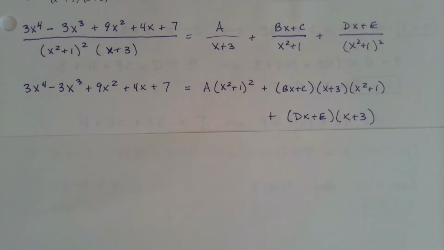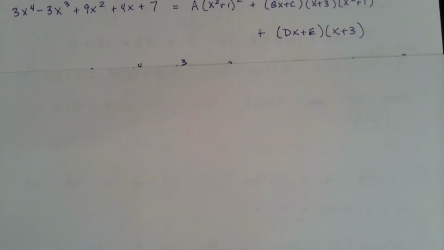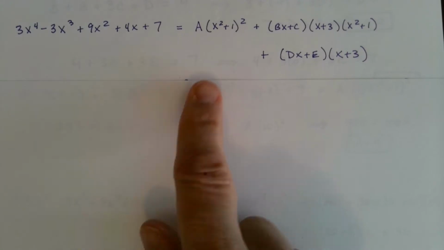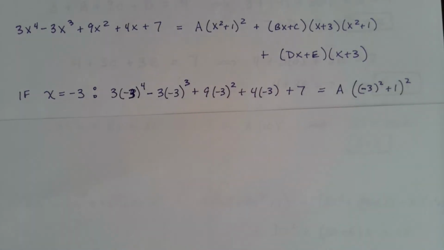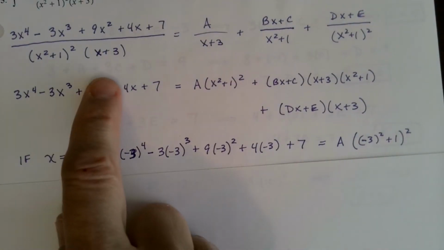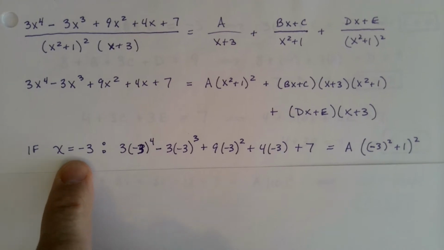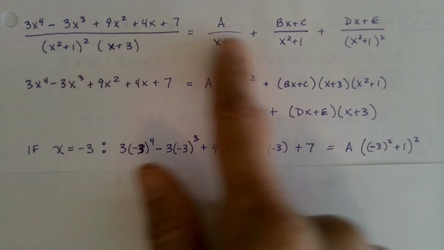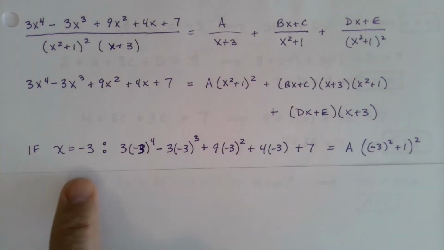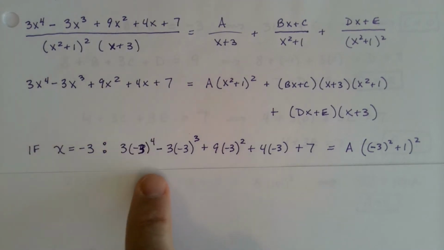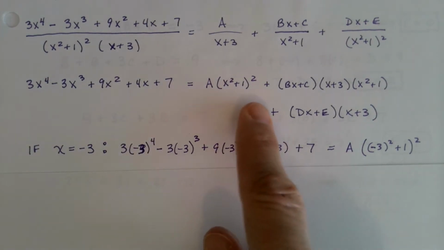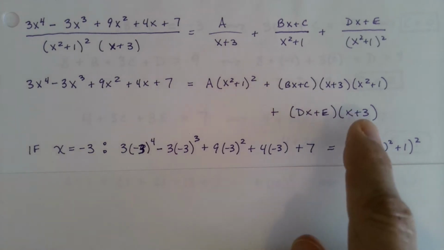All right. Now, how can we find the values of a, b, c, d, and e? Well, first of all, I noticed that I can use this linear factor, the shortcut, and say, what if x is negative 3? I know I can't use it up here, but I can use it here if I plug in x is negative 3 into this polynomial. All right. Over here, notice this goes to 0 and this goes to 0.